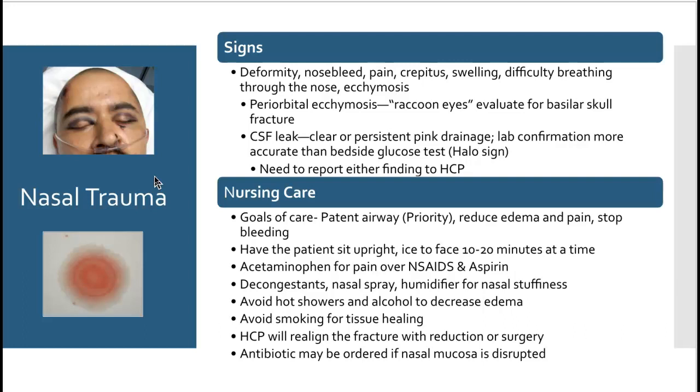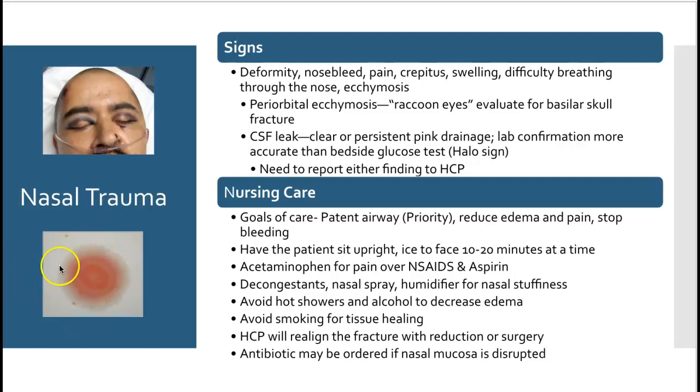So one of the ways that we would suspect a cerebral spinal fluid leak is when somebody has clear or persistent pink drainage, and this is usually coming from the nose or the ear. And what we can do is test that fluid and we can look for that halo sign, which is what this picture down here is.